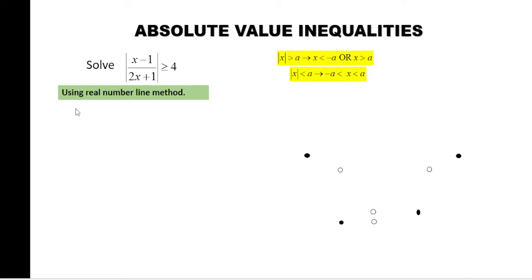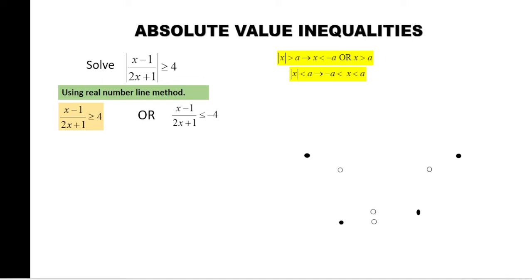Alright, so for this given example, we can split it into two parts. One is greater than or equal to 4, or, we use the conjunction or because of greater than or equal to, the other is less than or equal to negative 4.